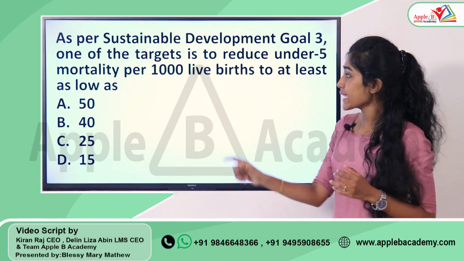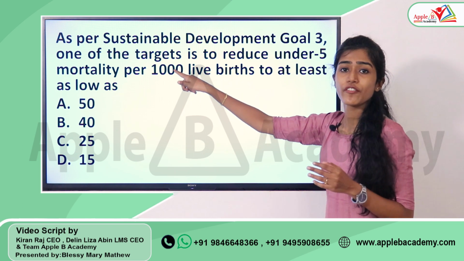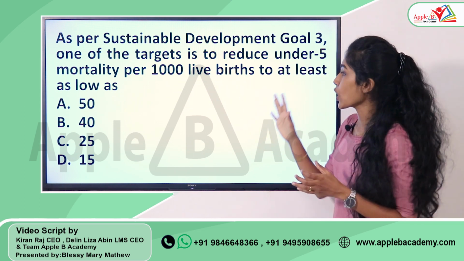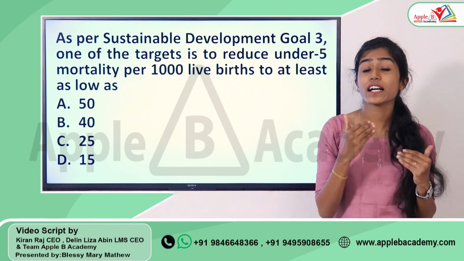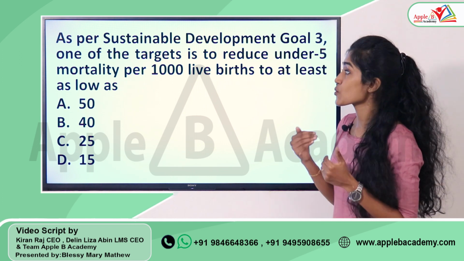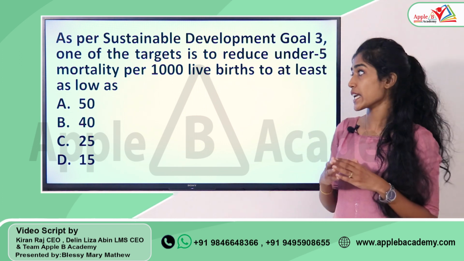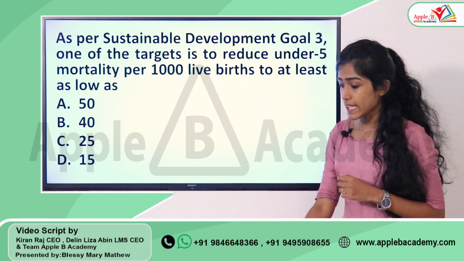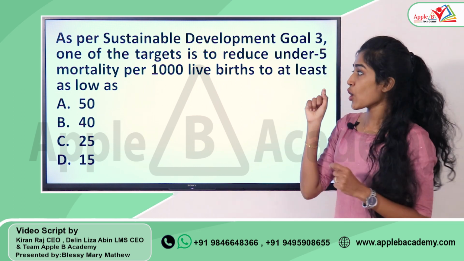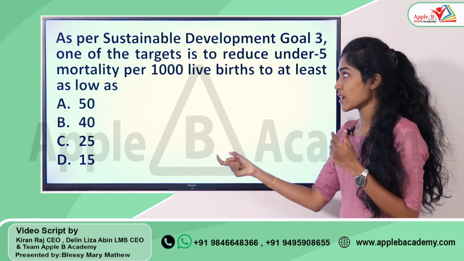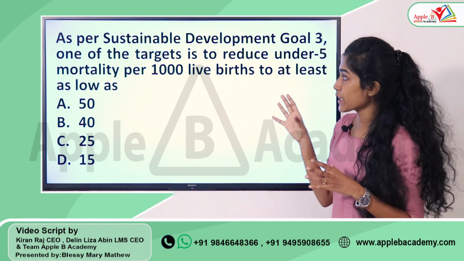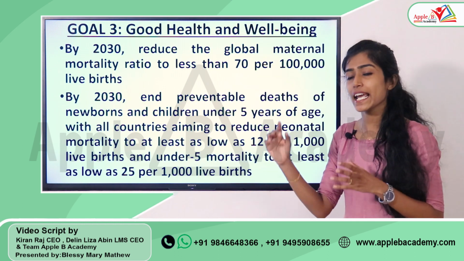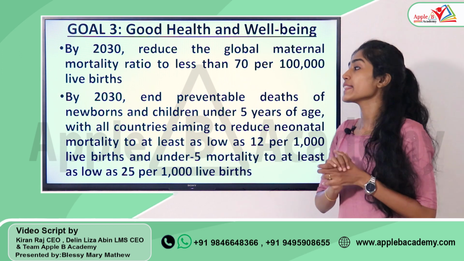And if you consider here, it is actually focusing on one of the targets that are associated with goal 3. So basically there are 13 targets as well as 28 indicators that are associated with this particular goal, that is good health and well-being. So we are going to look at the various targets that are associated with this particular goal, and then we'll be coming back to the question that we are discussing now.